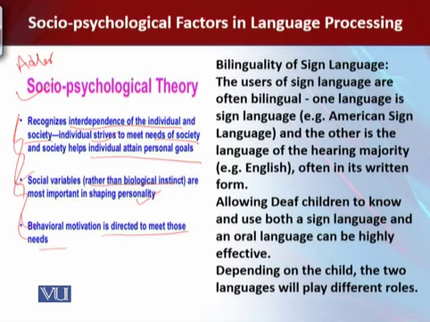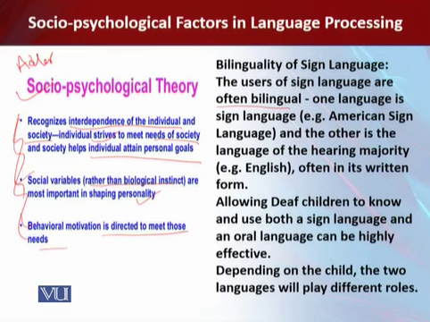Talking about bilinguality of sign language, the users of sign language are often bilingual. One language is sign language, that is American Sign Language, and the other is the language of the hearing majority, that is English, often in its written form.